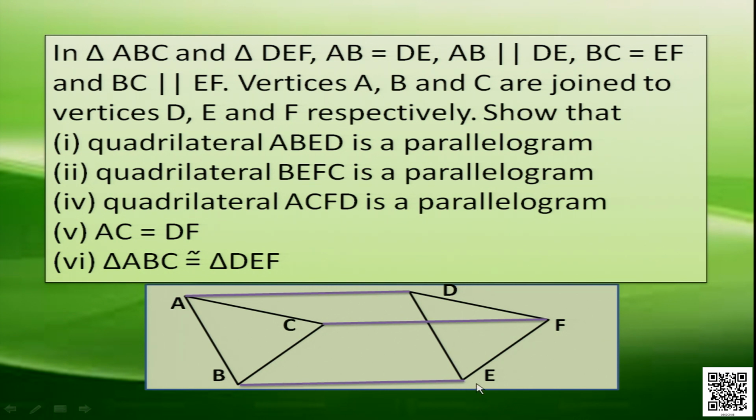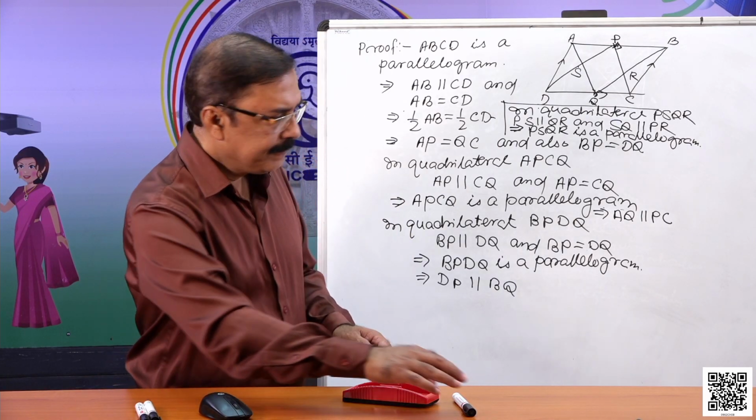Then we have some quadrilaterals here like ABED. ABED is a parallelogram, BEFC is a parallelogram, ACFD is a parallelogram. We have to prove this. Then from this we can show that AC is equal to DF, and from this we can also prove that triangle ABC and triangle DEF are congruent. Let's see how to prove it.